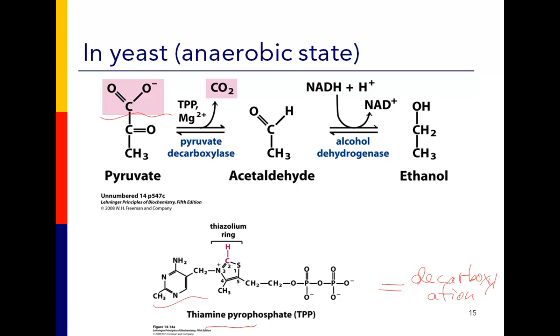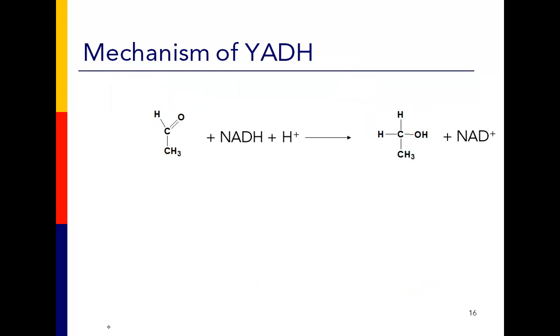In yeast alcohol dehydrogenase, we're going to reduce the aldehyde at that position by hydride transfer from NADH. As soon as you see dehydrogenase, what should you think? NADH, hydride transfer. So this is acetaldehyde and ethanol.